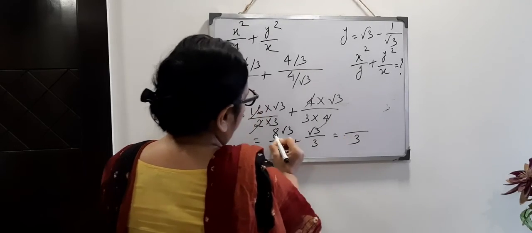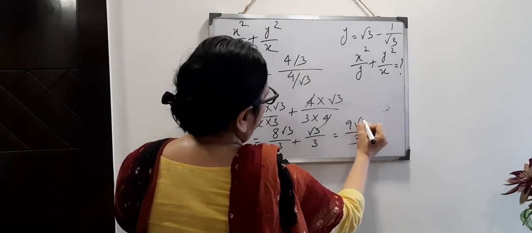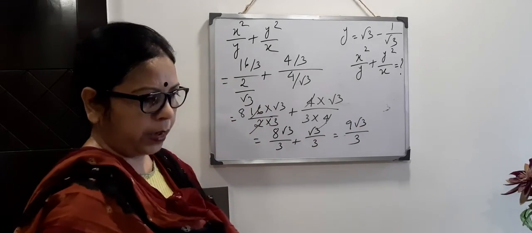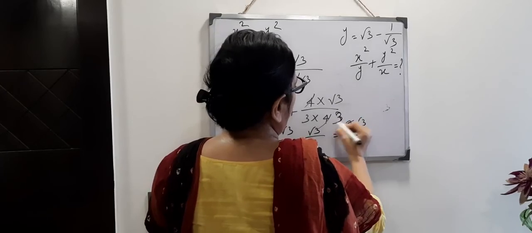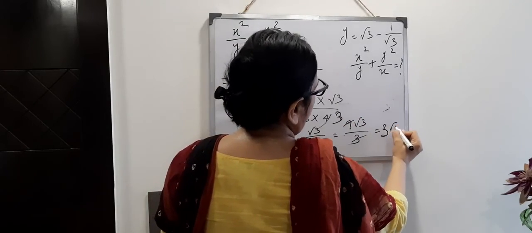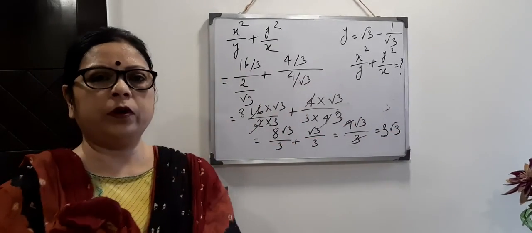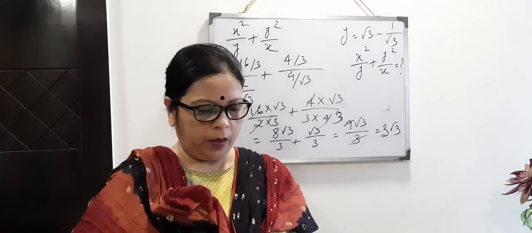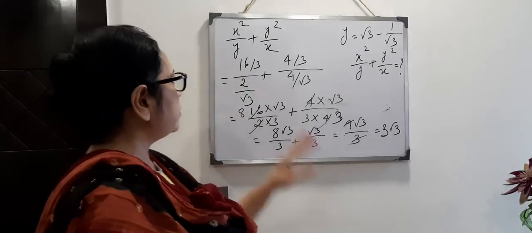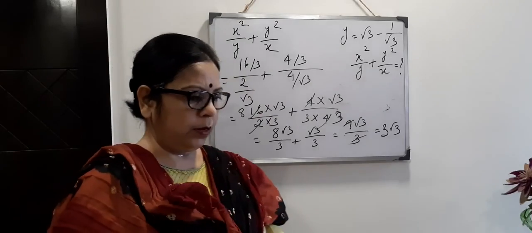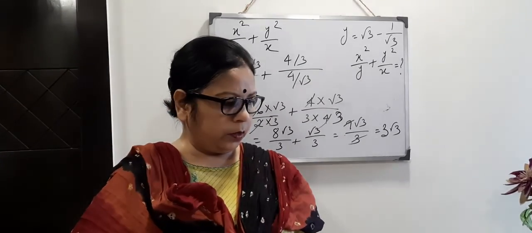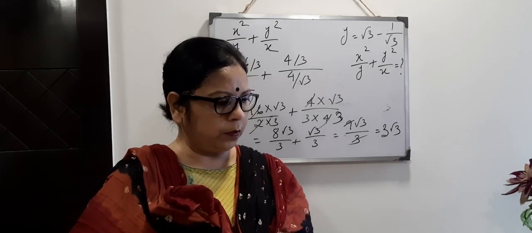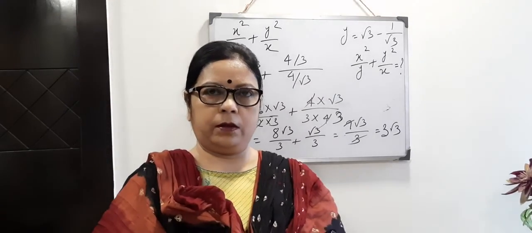So 8 plus 1, 9 root 3 by 3. Now by 3 you can cancel this. So your answer is becoming 3 root 3. Clear? So these are the 4 sums I have done in this video. Now we will see the continuation of the next sums in the next video.